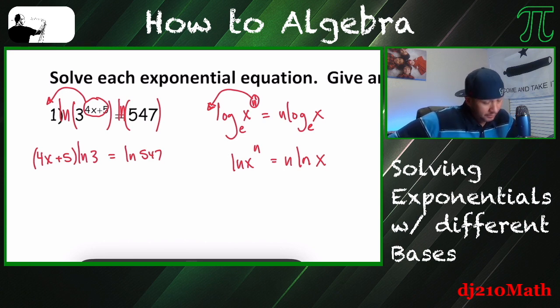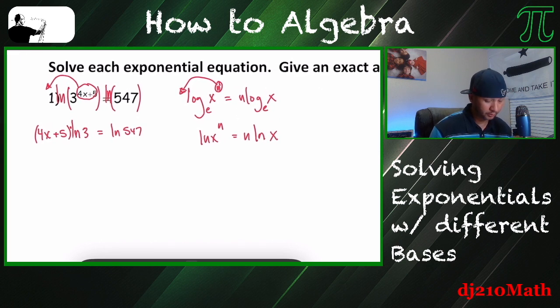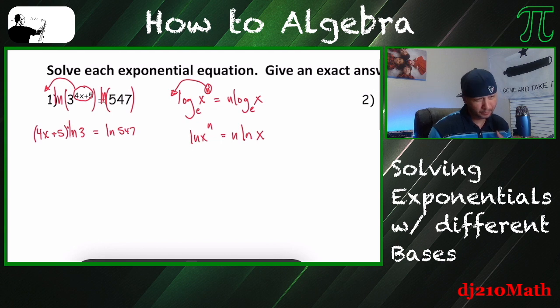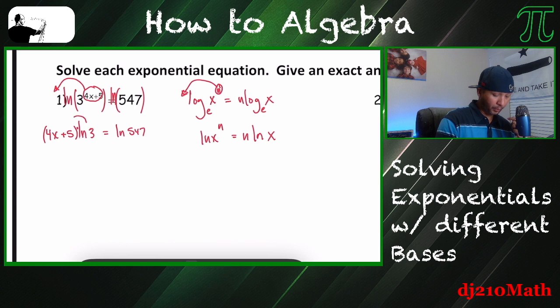Whatever that number is. From this step, there are a couple different ways you can go about this. You could divide both sides by ln 3. However, the answer towards the end, we want it to be as simplified as possible, meaning only one fraction if need be. So we're going to distribute the ln 3 to each of these. I think it'll be a little bit cleaner.